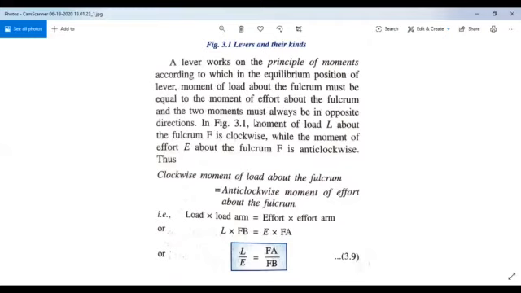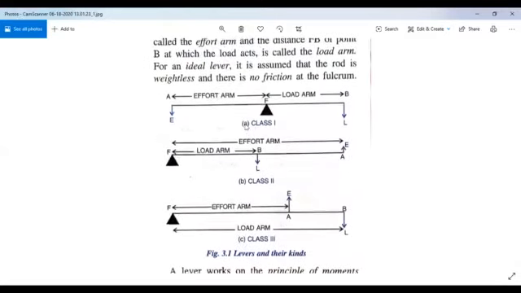Moment of forces. See here, in that figure, moment of load about the fulcrum F is clockwise. This makes the clockwise moment, and this effort makes the anti-clockwise moment.